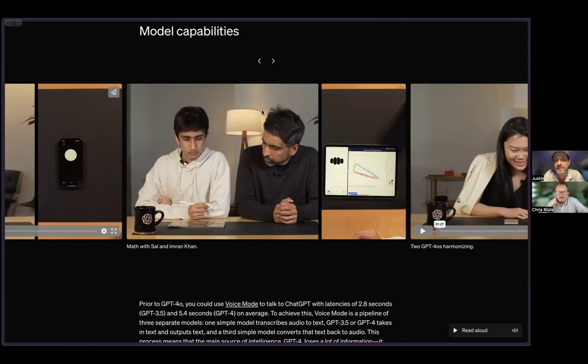Because what we are seeing is an AI interacting with the real world outside of its walled garden, if you will. It's interacting with a thing on the side. What you really need is for it to interact with the world around you, and it needs to be able to see and hear that world, which means there has to be a personal device of some sort, and glasses are probably the one.